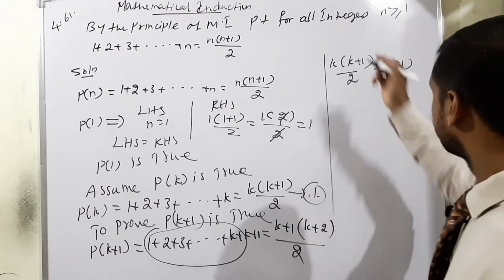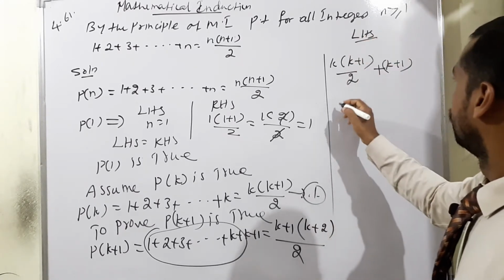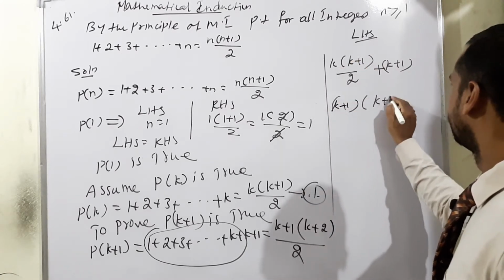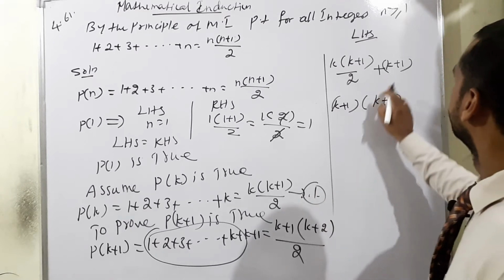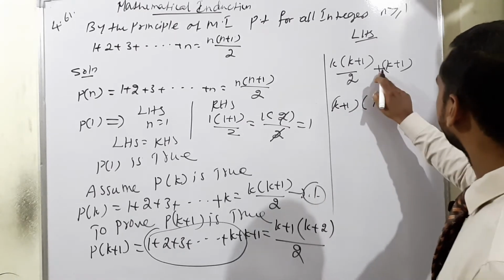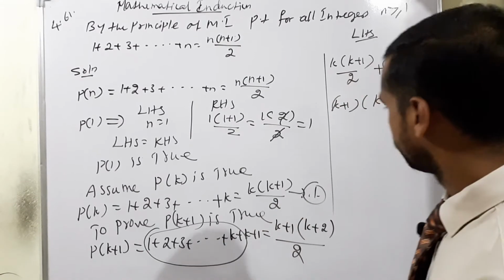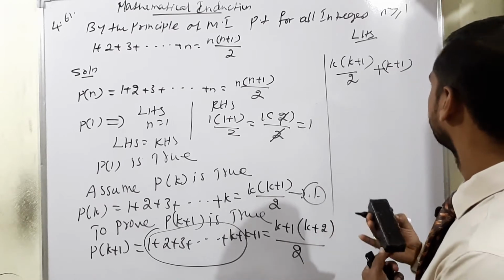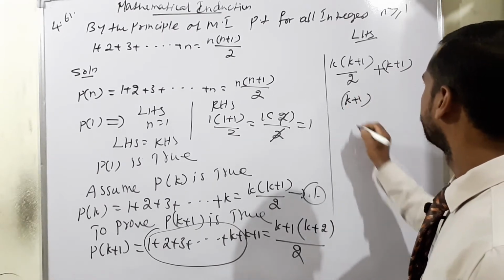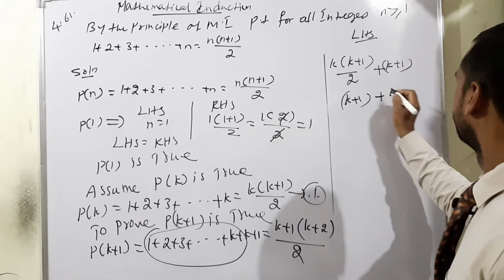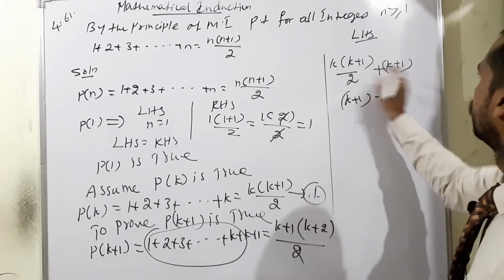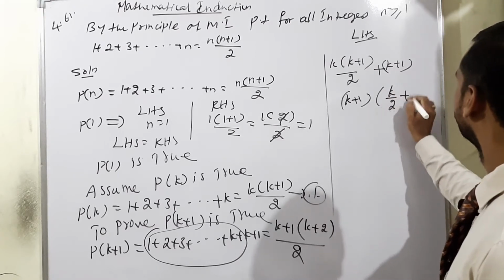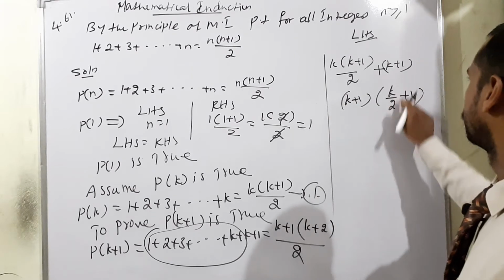Now we can say this is the LHS term. Now, take k plus 1 common outside, and inside k by 2 plus 1 will come, isn't it? So k plus 1 taken common, inside k by 2 plus 1.